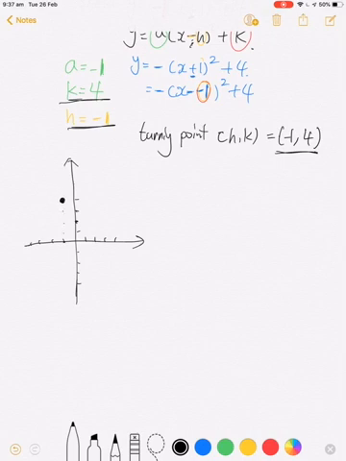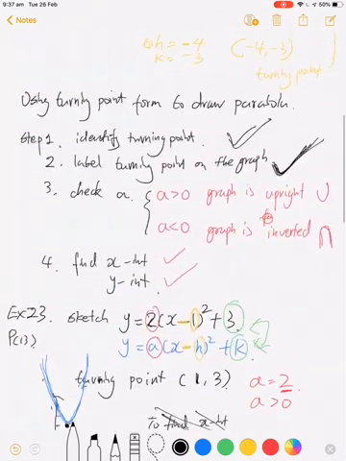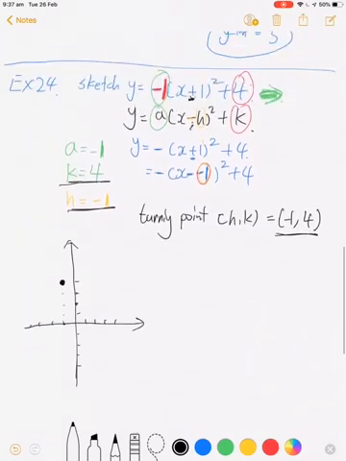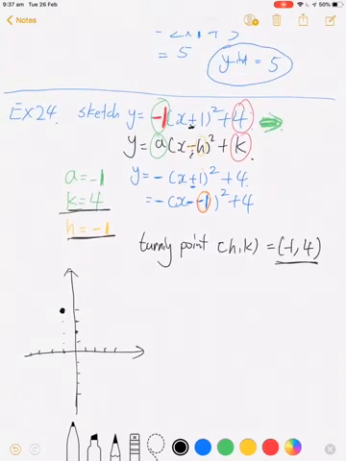Okay, now let's come back. Step 3, we're going to check the value of a. Because a is negative 1, that means a is less than 0.